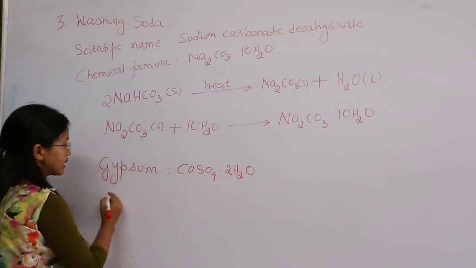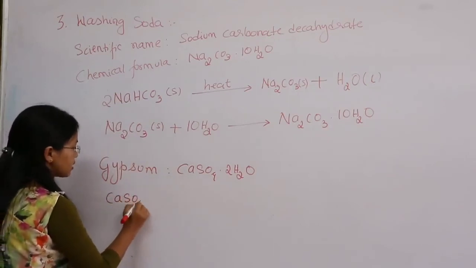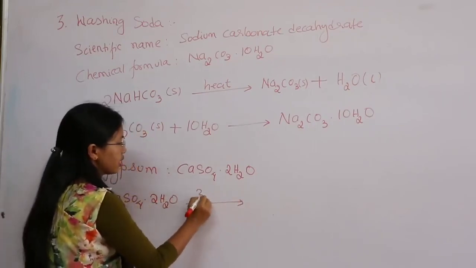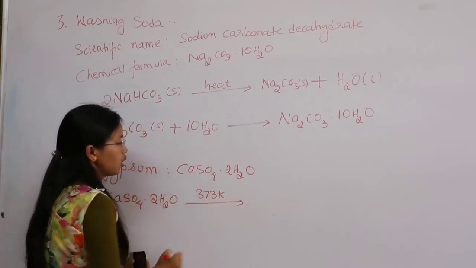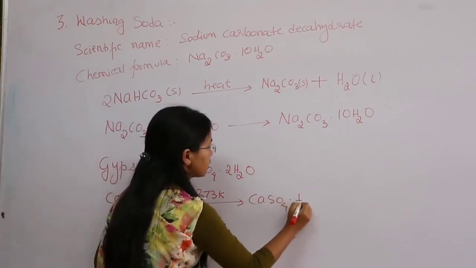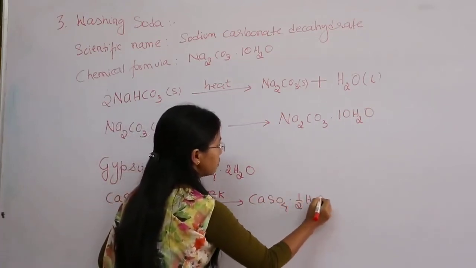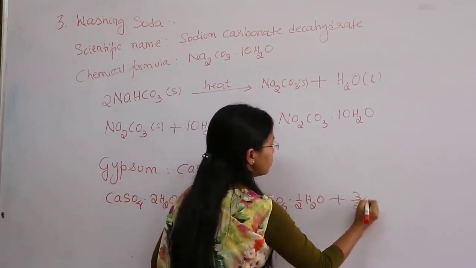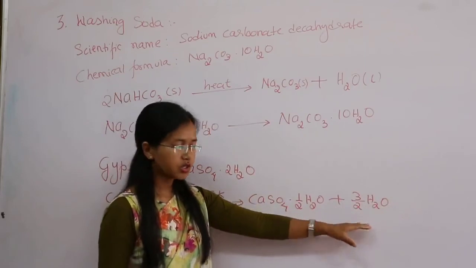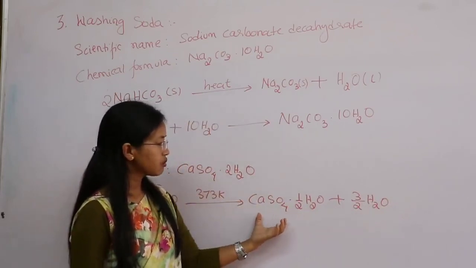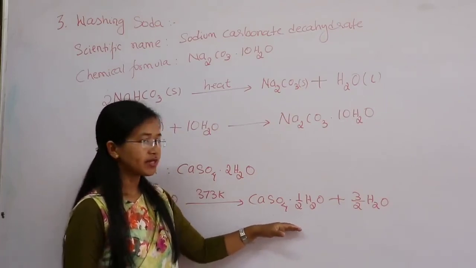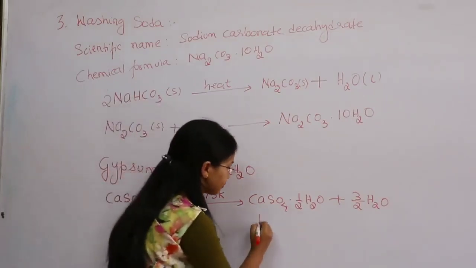When we heat this CaSO4.2H2O at 373 Kelvin, we will get CaSO4.1/2H2O and 3/2H2O. Right, it will lose some amount of water. You get another salt, calcium sulfate hemihydrate, or we call it plaster of Paris.